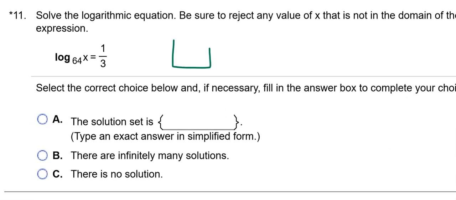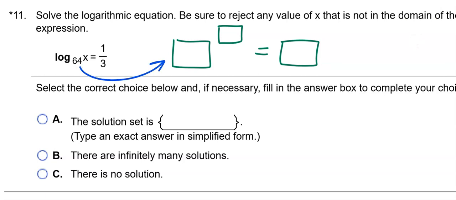Similar type of problem. This to this power equals this. Try it on your own first. Okay, so you've tried it on your own already, and the base is 64. The exponent is 1/3, and the remaining part is x. Now, what does a 1/3 exponent do?